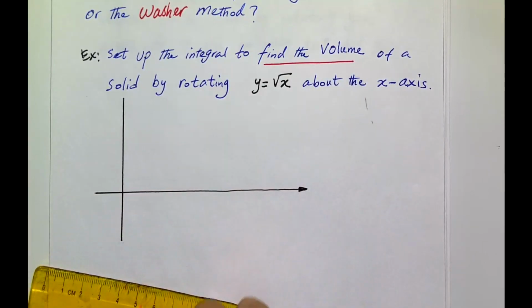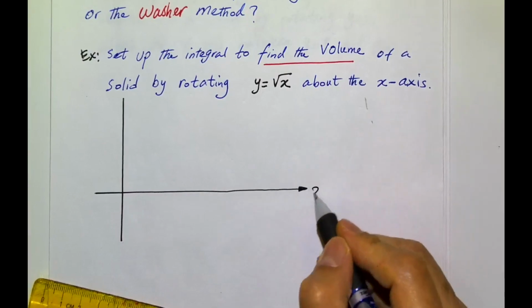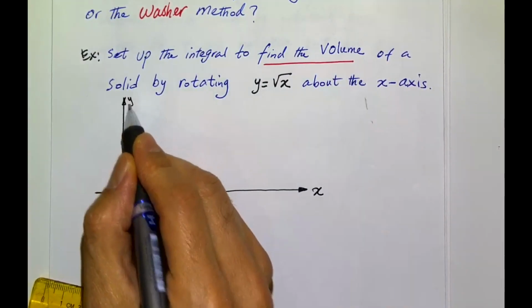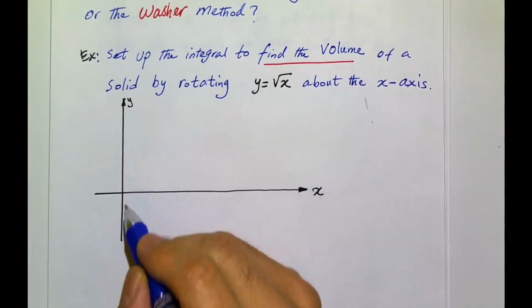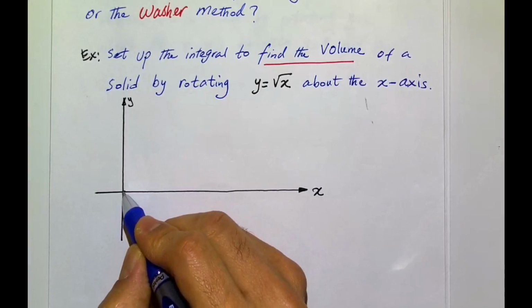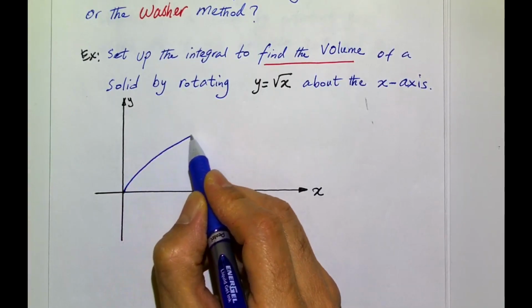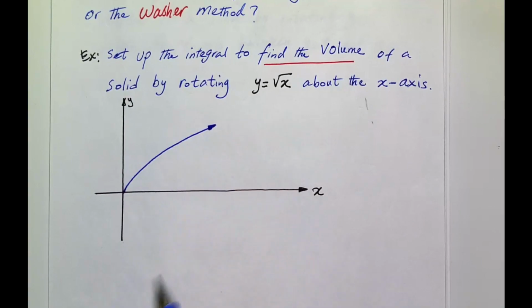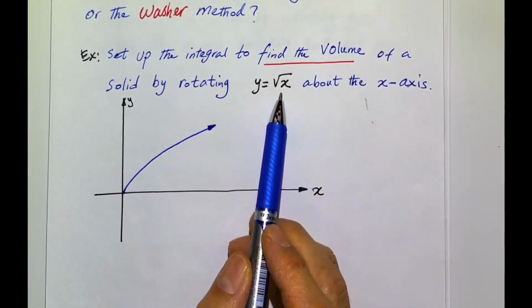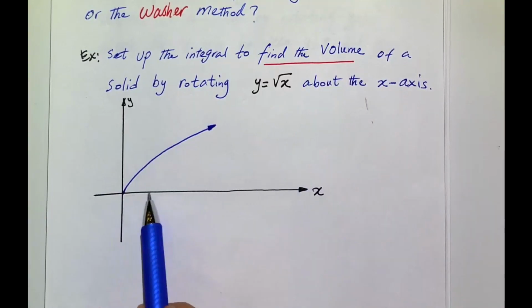Okay, so we have the x-axis and the y-axis, and that function would look something like this. Something like that, an increasing function, for all x values from 0 and larger.